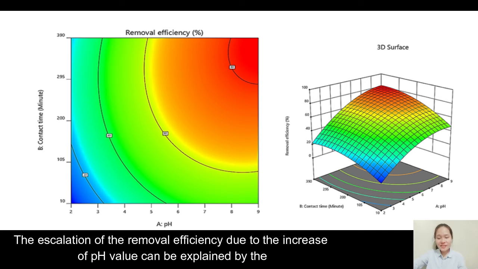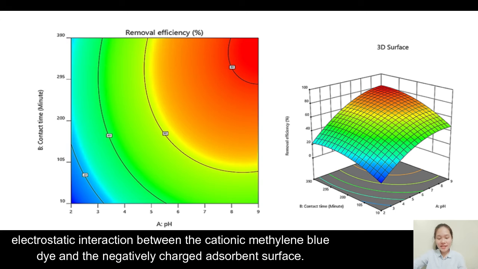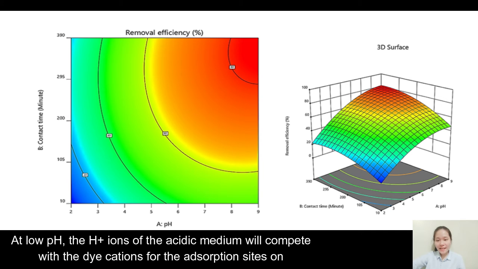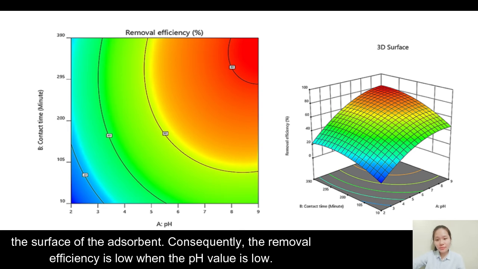The escalation of removal efficiency due to the increase of pH value can be explained by the electrostatic interaction between the cationic methylene blue dye and the negatively charged adsorbent surface. At low pH, the hydrogen ions of the acidic medium will compete with the dications for the adsorption sites on the surface of the adsorbent.